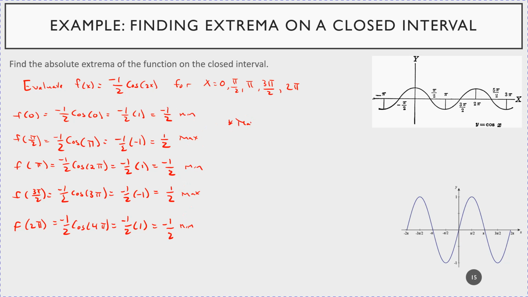So you have maximum, which occurs at, looks like it's going to occur literally at 2 different points, right? So the first point is pi over 2, 1/2. And the second point here is 3 pi over 2, 1/2.